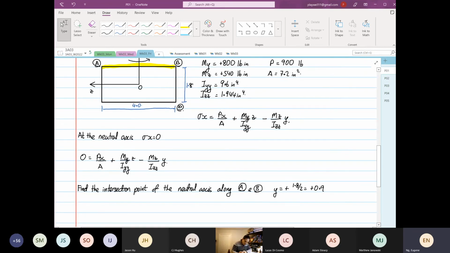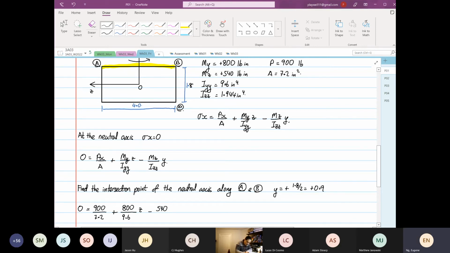So we're going to find z. This is equal to 0. Px is equal to 900 divided by the cross-sectional area of 7.2, plus My, which is 800, divided by Iyy, which is 9.6, multiplied by z, minus Mz, which is 540.